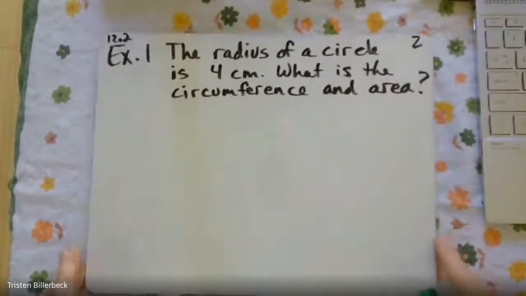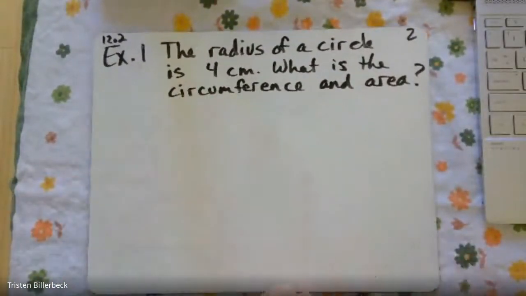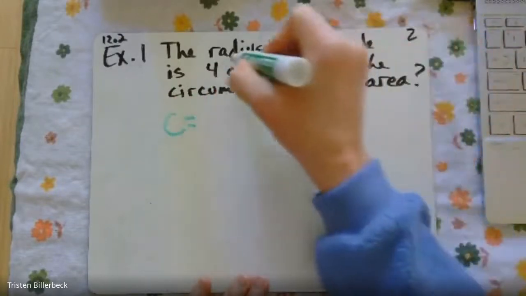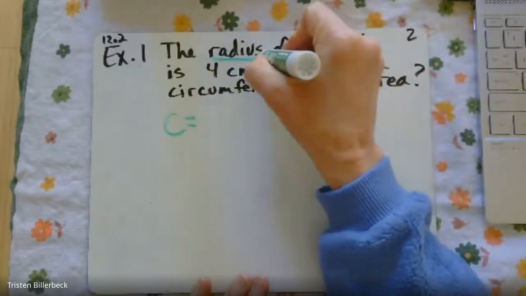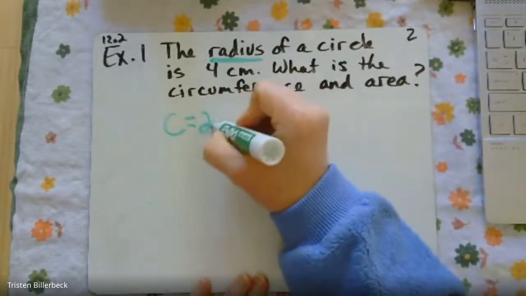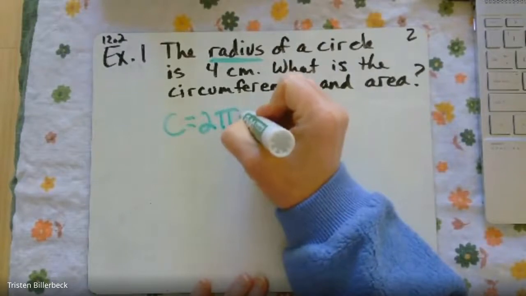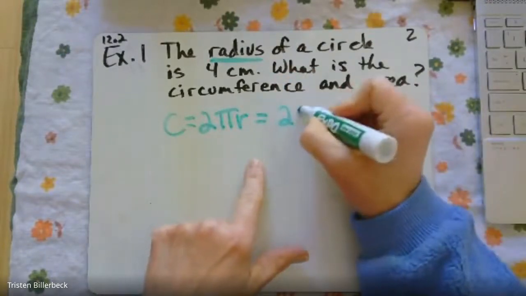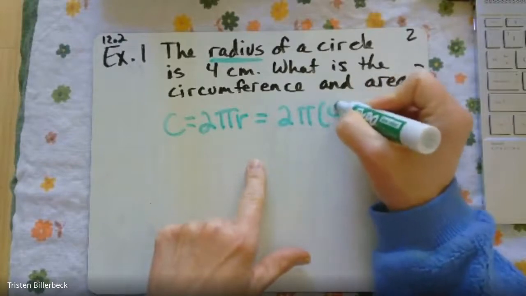So example 1. The radius of a circle is 4 centimeters. What is the circumference and area? So the circumference, we're given the radius. So that's important. So that means we have to have 2 pi r here. So we have 2 pi, and then r is 4.